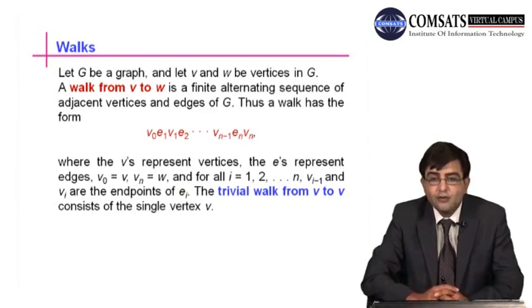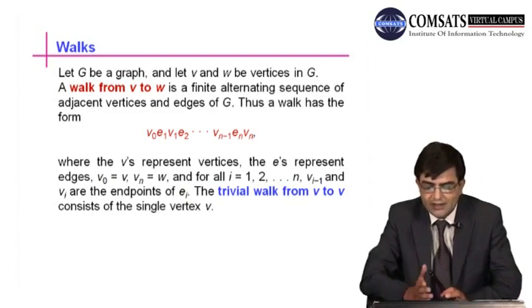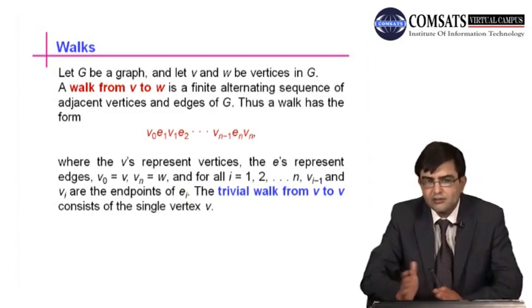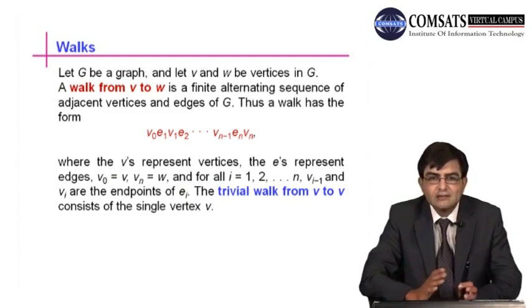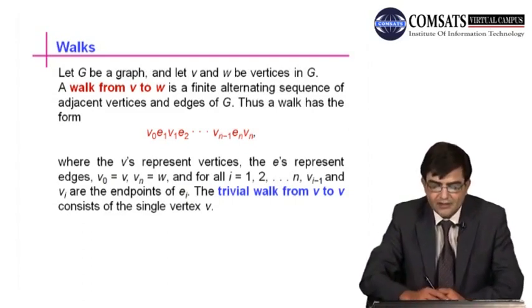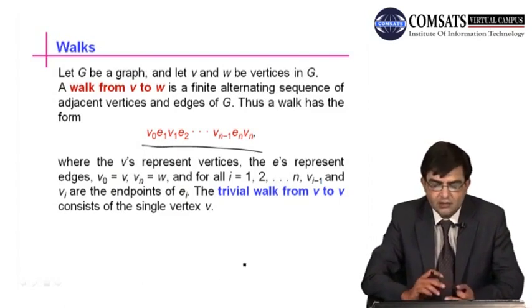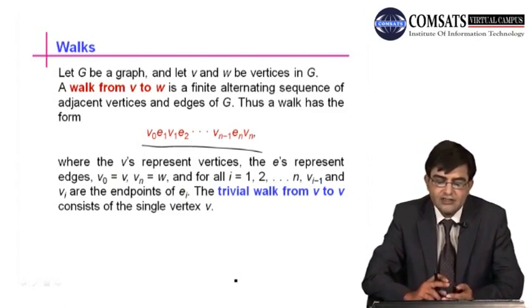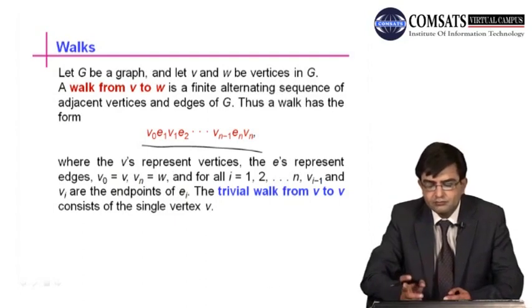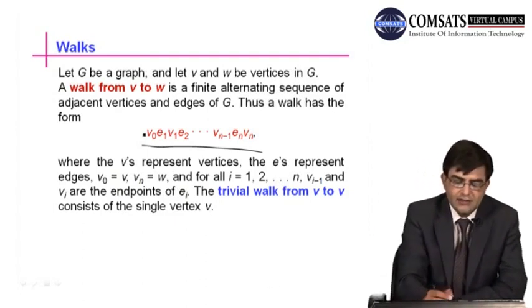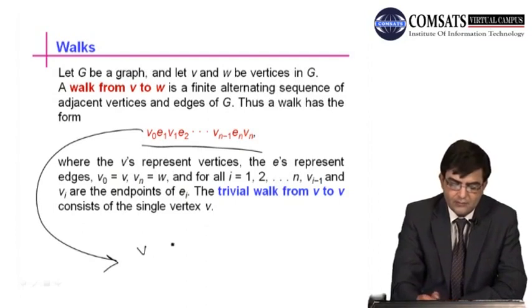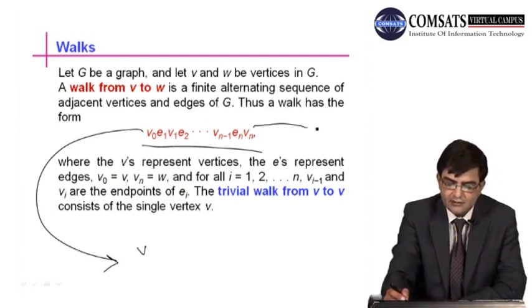Thus a walk has the form. If we say that a graph G has vertices v0, v1, v2, and so on, vn, and edges e1, e2, and so on, en, then a walk can be written like this: we have to travel from v0 to vn. That is, we can say here that v0 is v and vn is w.